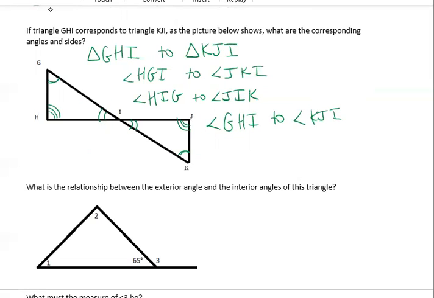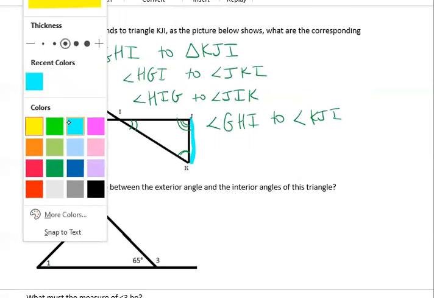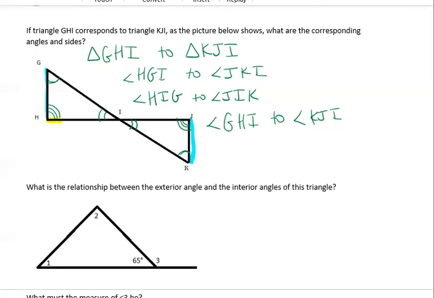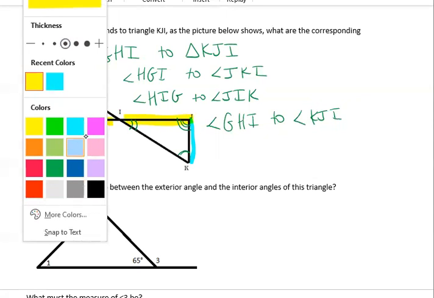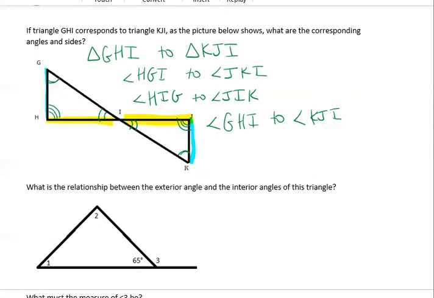In the same way, we would say that this side corresponds to this side, and HI corresponds to JI, and GI corresponds to KI. So those would be the corresponding sides.